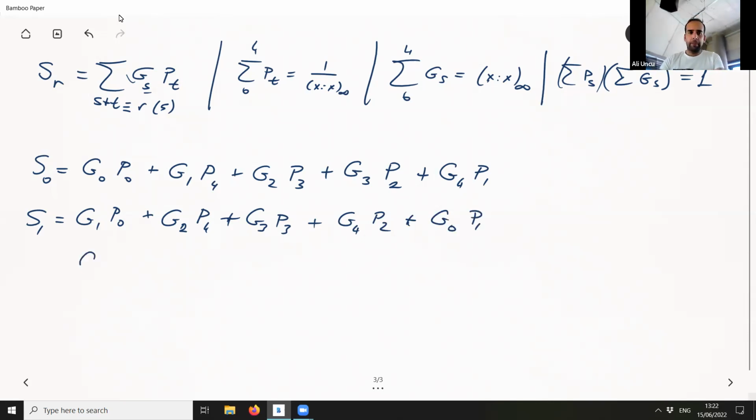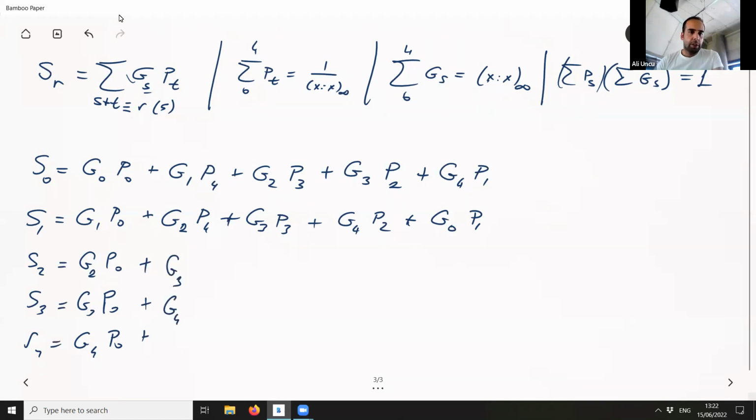I want to write all of them so that we see that it's actually a matrix. So this is G of 2, P of 0, G of 3, P of 0, G of 4, P of 0. So this is S2, S3, S4. So it is G3, G4, G5, the same piece, then G4, G0.